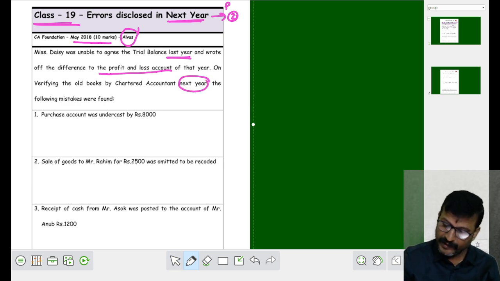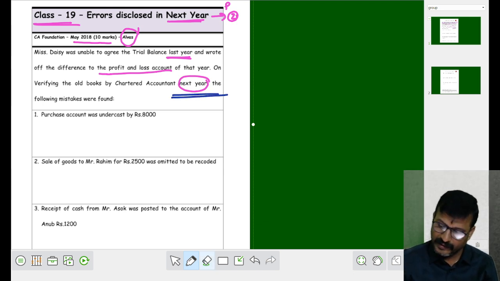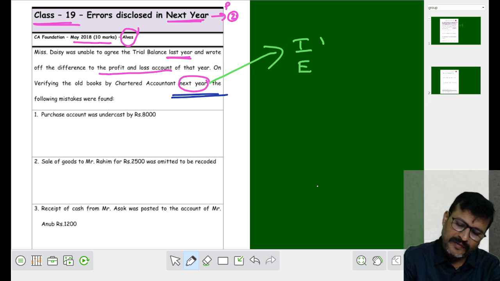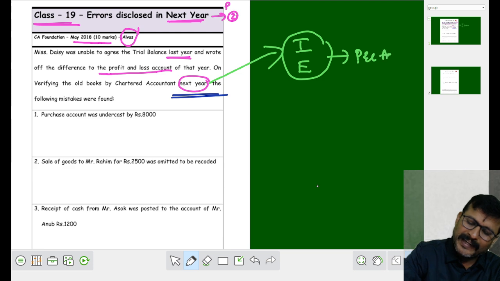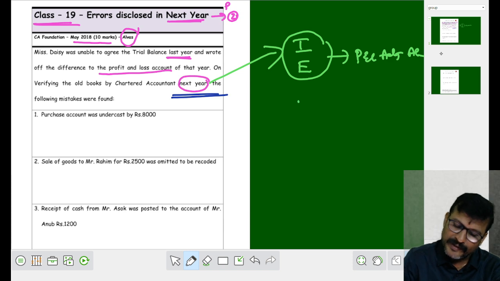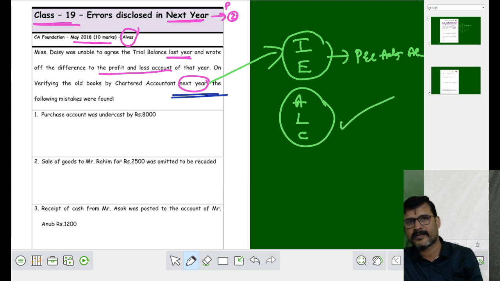Now tell me, when the errors are disclosed in the next year, you need to remember the important thing: in the place of income and in the place of expenses, we are supposed to replace it with P&L adjustment account. But the P&L adjustment is not to be used in case of asset, liability and capital. Keep them as it is.